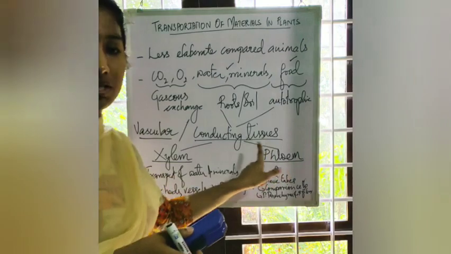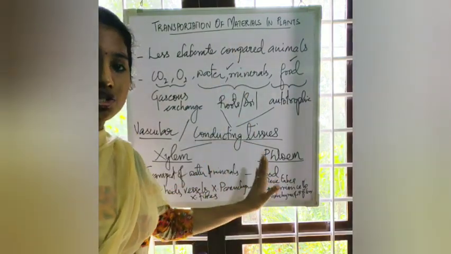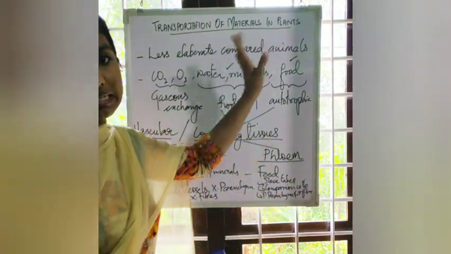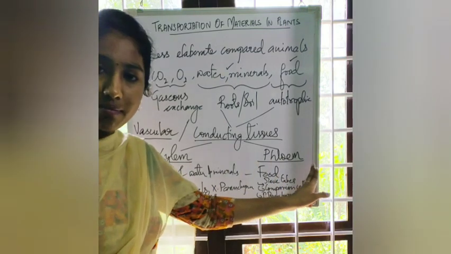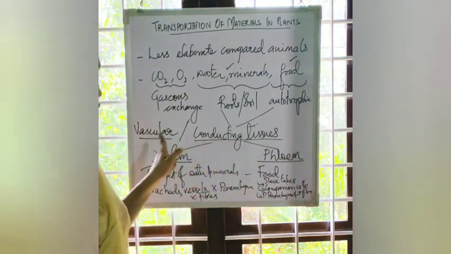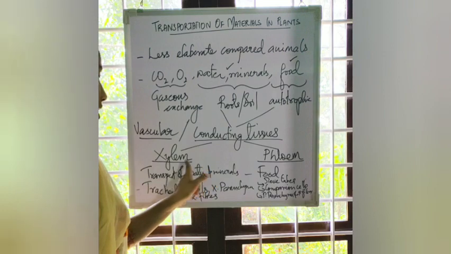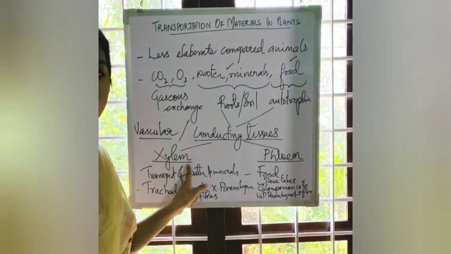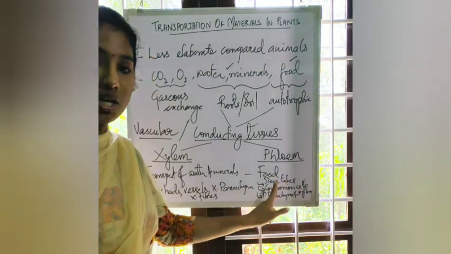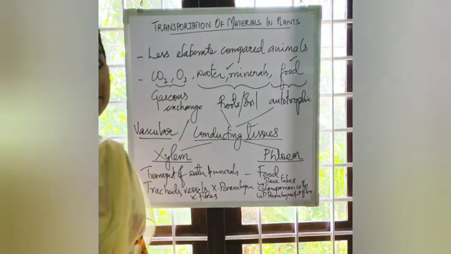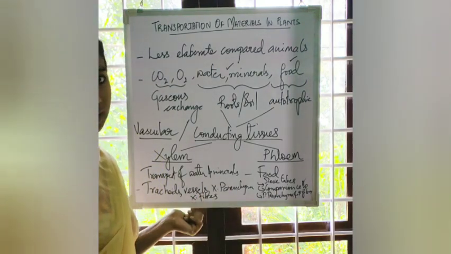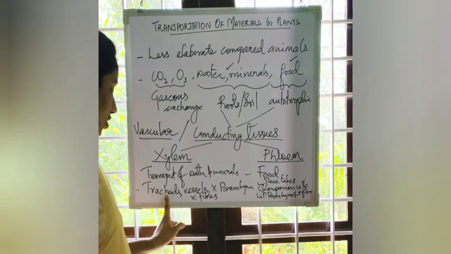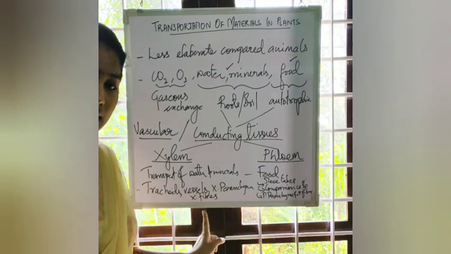The main tissues which are involved in the transportation of materials in plants are xylem and phloem, and they are called conducting tissues or vascular tissues. Xylem is involved in the transportation of water and minerals. Phloem is involved in the transportation of organic food prepared by the leaves. They are tissues made up of different kinds of cells. Their components are tracheids, vessels, xylem parenchyma and xylem fibers.